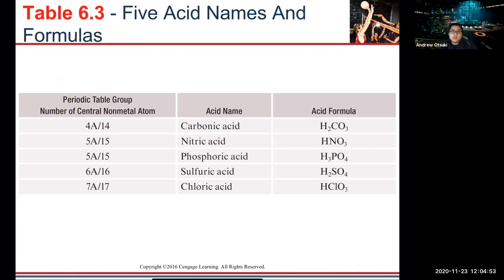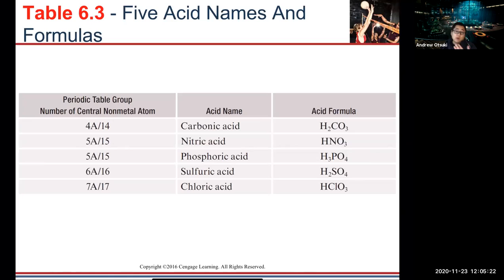There are many acids, so if there are acid formulas you should know, it's these that you should memorize. Then we're going to relate these acids to the other kinds of acids based on their similarity in chemical formula and structure. So carbonic acid, H2CO3.